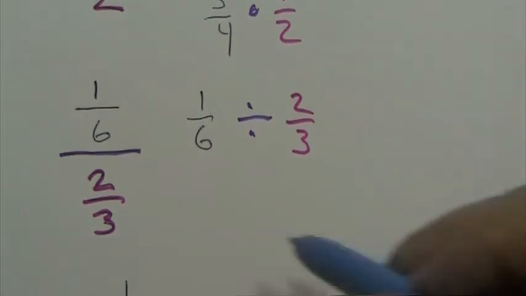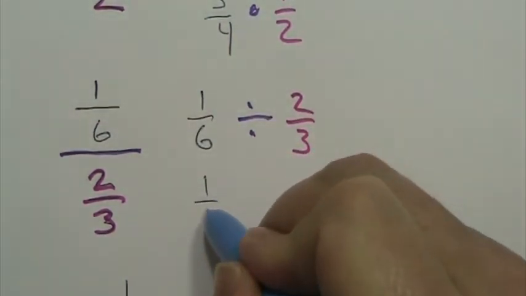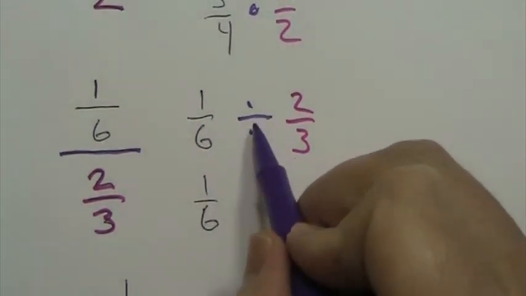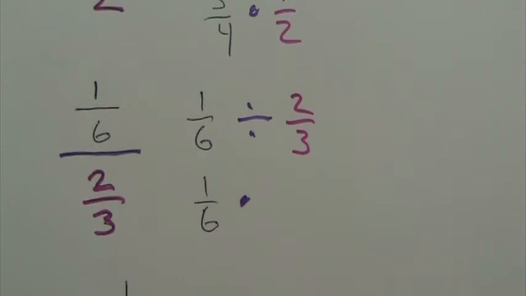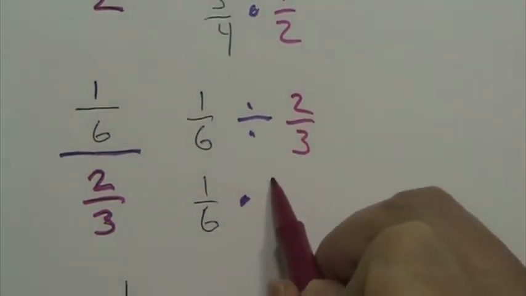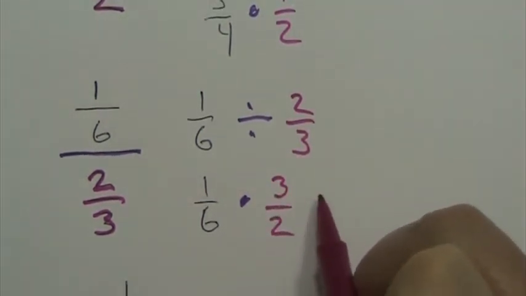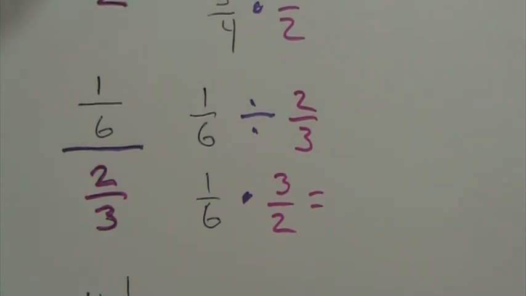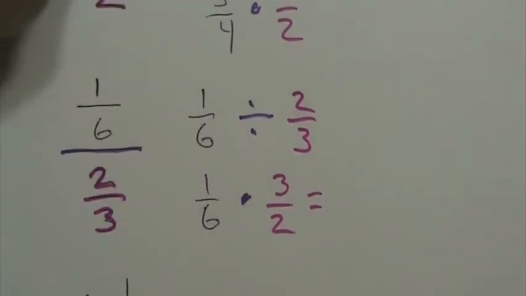Now, we keep this, and remember, make division into multiplying by the reciprocal. And then you can solve it from there. Okay, the last one, we'll go back and figure out the answers in just a minute.